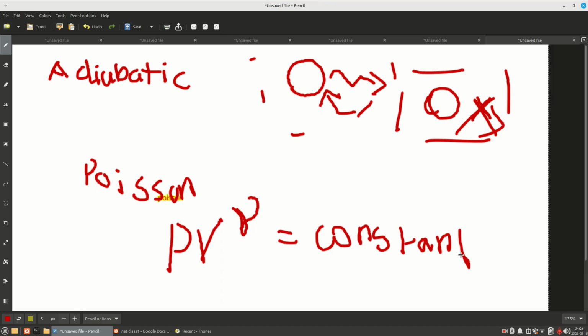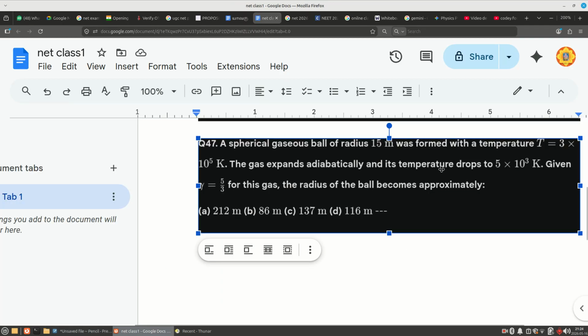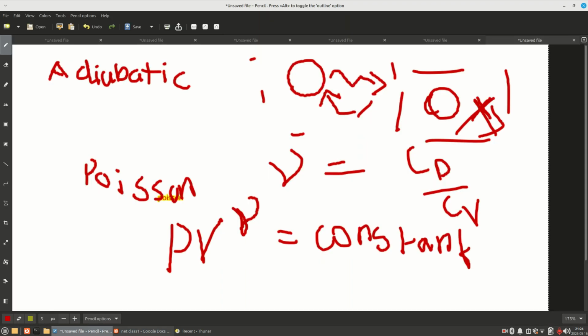It is a constant value. Gamma is known as the specific heat ratio, which has a value of Cp by Cv. In our question, this Cp by Cv value is 5/3. So here Cp is 5, Cv is 3. This is the thing we got from the question itself.